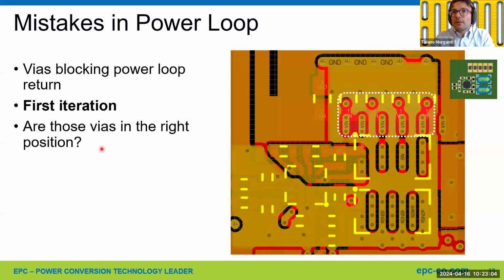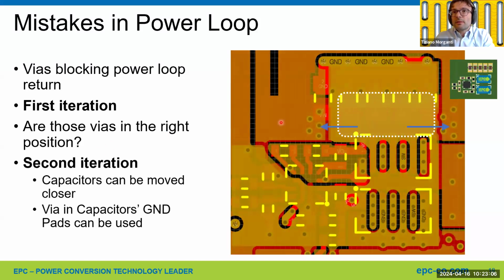So in this case, we can move those vias to the sides. And you can see we created a very direct path to the bypass capacitors. And also, those bypass capacitors can be moved a little bit down, and we can also use vias in pad to reduce the inductance further.